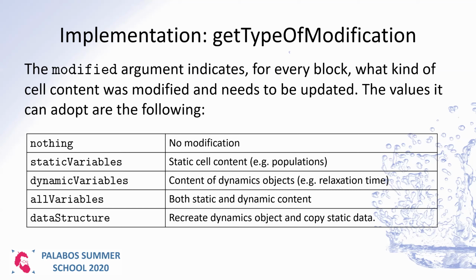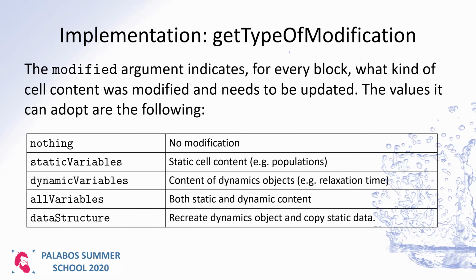We are not going to modify the fluid. We are just going to copy the velocity of the fluid to the advection diffusion, which is why we say nothing has been changed for the fluid, but static variables, the velocity that is stored right after the populations of the advection diffusion field, is changed. That's where the constant static variables is used.